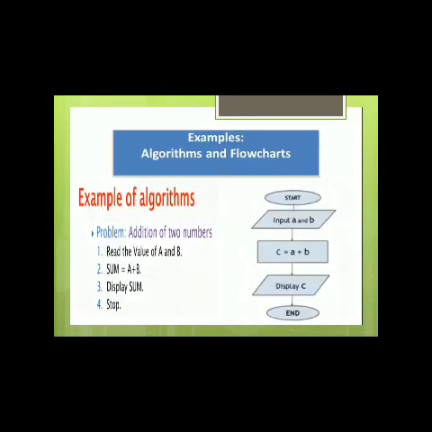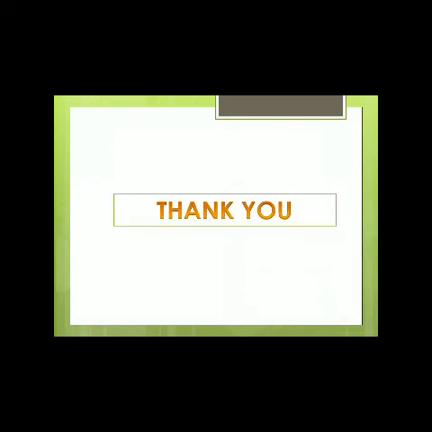Try to understand it. Then I will be sharing the part 2 video where we will be discussing some problems. There we will practice how to write an algorithm and how to draw the flow chart of that. Hope with this video it is clear what an algorithm and what a flow chart is.